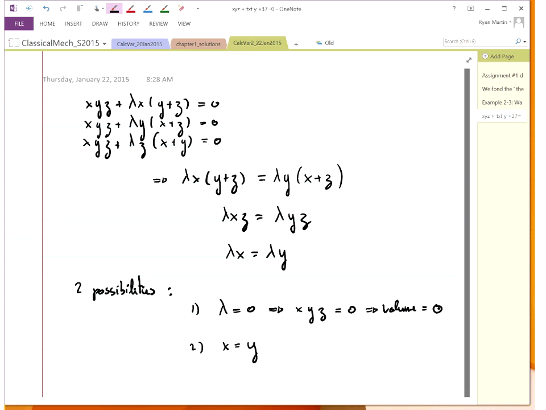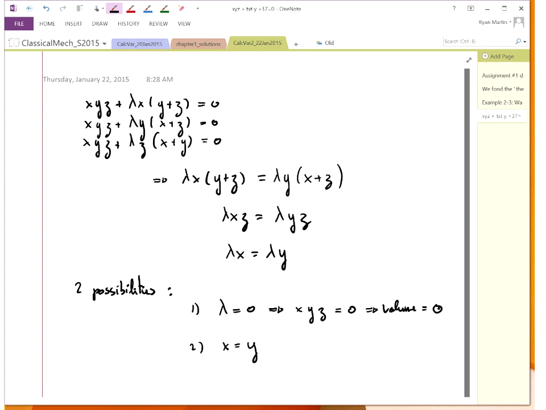We can think about it and reject that point. The reason we have to think about it is because we're only considering the first order variations, so we never calculated, say, the second order derivatives to find out the curvature of that particular stationary point. So it shouldn't be that surprising that we end up finding a point that's not necessarily the one we cared about. The second option is x equals y.